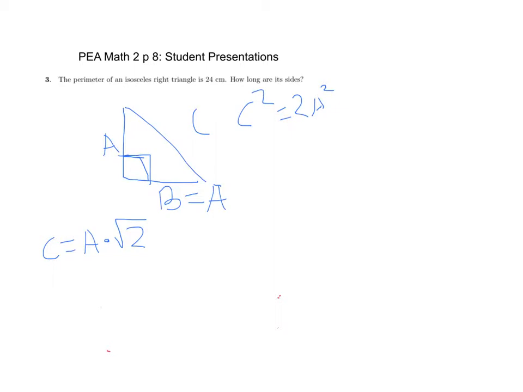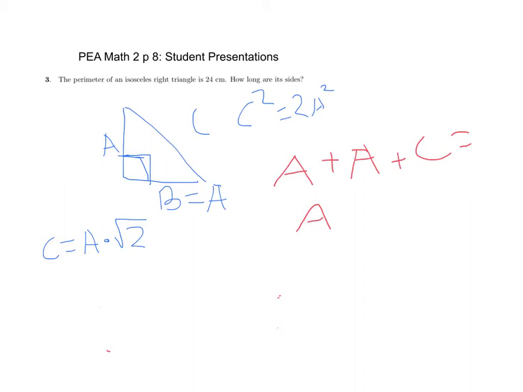Which equation? Add up the three sides together. So A plus A plus C, which equals... Wouldn't C be A times root 2?